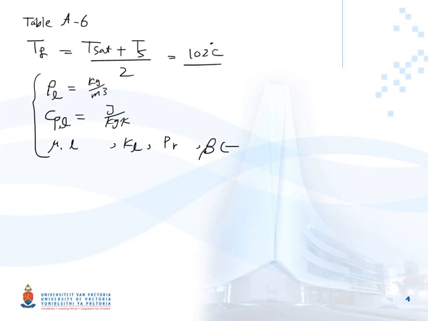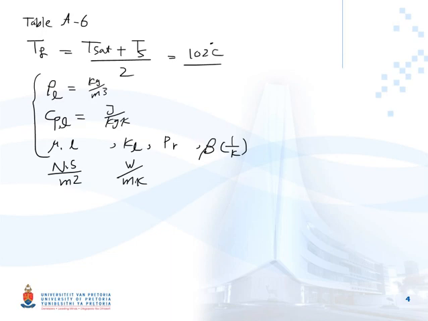The unit of beta is 1 per K. Prandtl is dimensionless, k L has unit watt per meter Kelvin, and mu L, the viscosity, has unit kilogram per meter second. So we read those properties from the table at 102 Celsius.